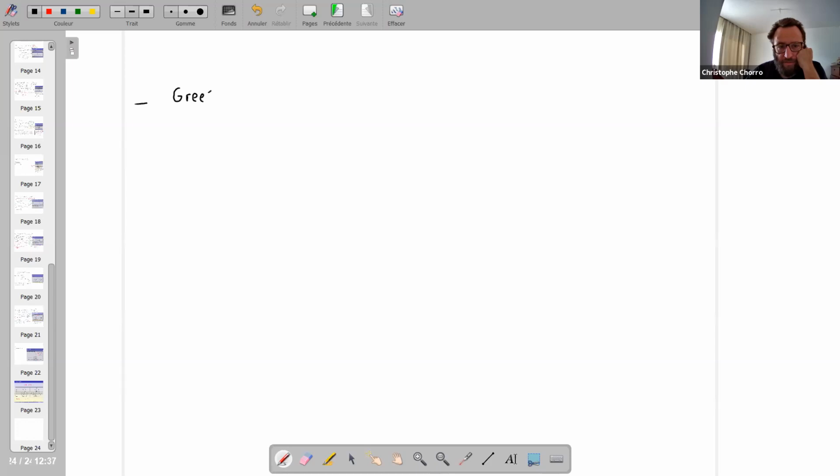Concerning the Greeks, we have seen together that we have closed form expressions for call and put in the Black-Scholes model.